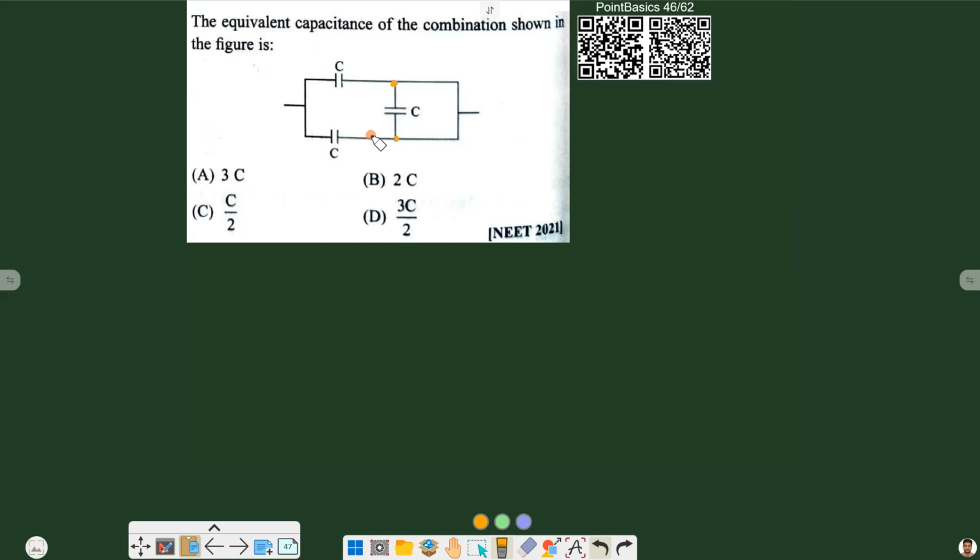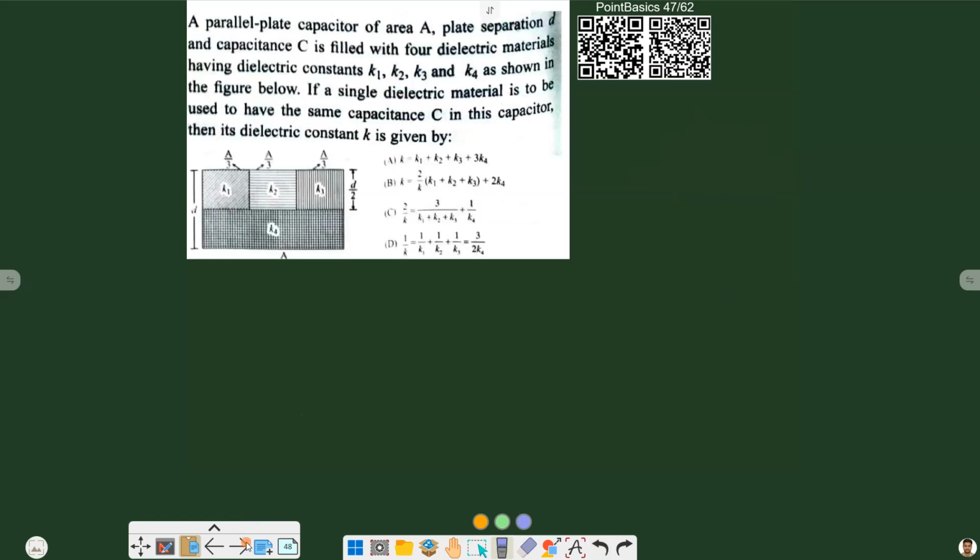So we can remove this capacitance, and our effective circuit will look something like this: C, C, and we have removed this connection. We will be left with only C, C in parallel combination. Now both of these are in parallel, so C plus C will be 2C, and option B will be the right answer. Moving to next question.